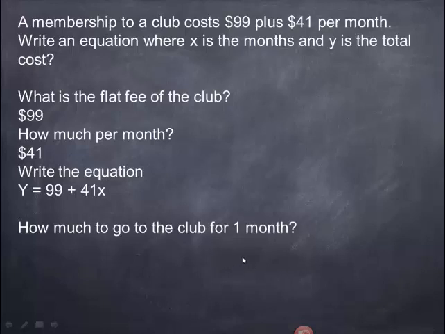You plug 1 in for x, and then you add 99. $140. How much for 6 months? $345. Hit pause and find out how much for 1 year.